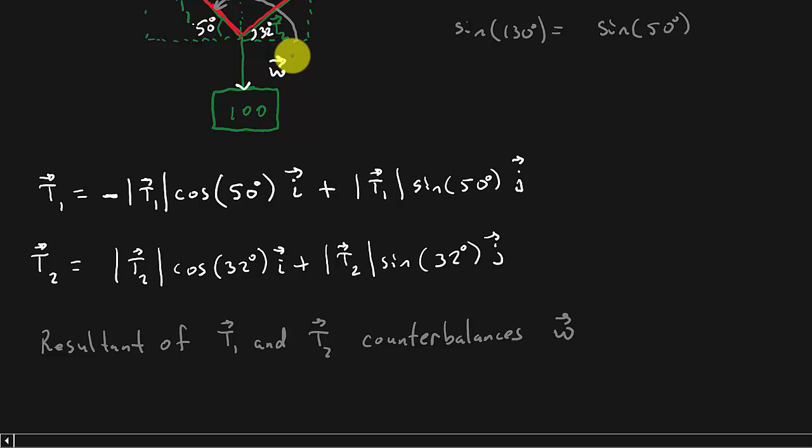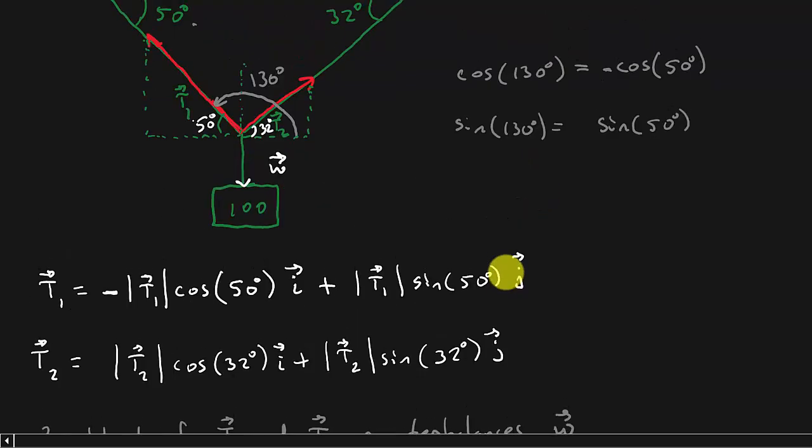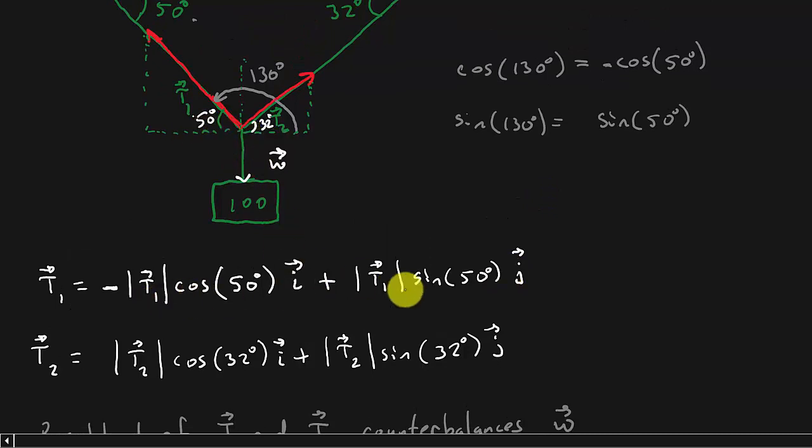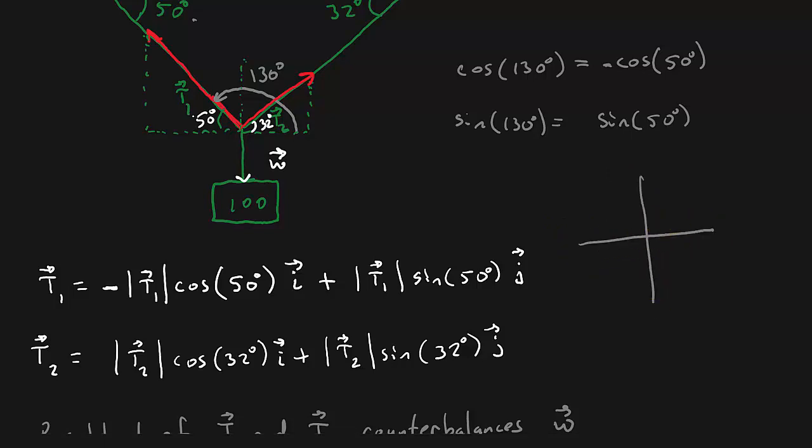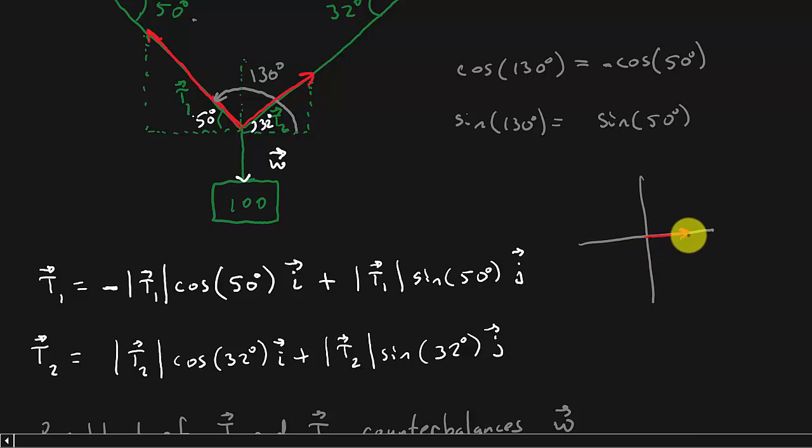Now notice, up here we had the IJ form, but this one, we're not going to have an I component there. So remember, you have your IJ vectors. There's I, and there's J. See, this vector just comes straight down. So it's going to be what? The force is 100.